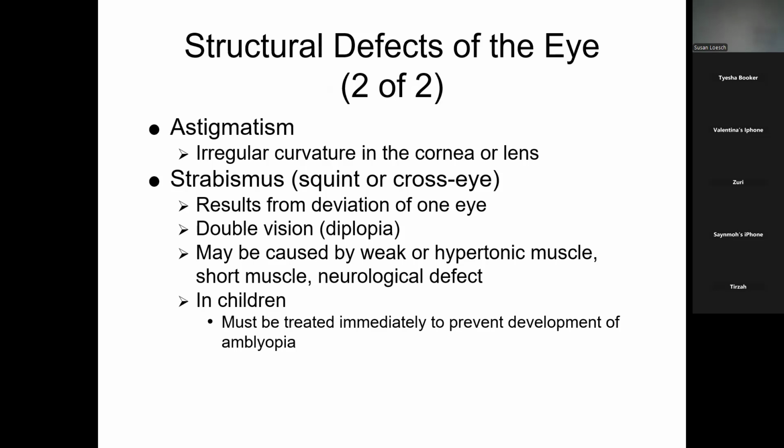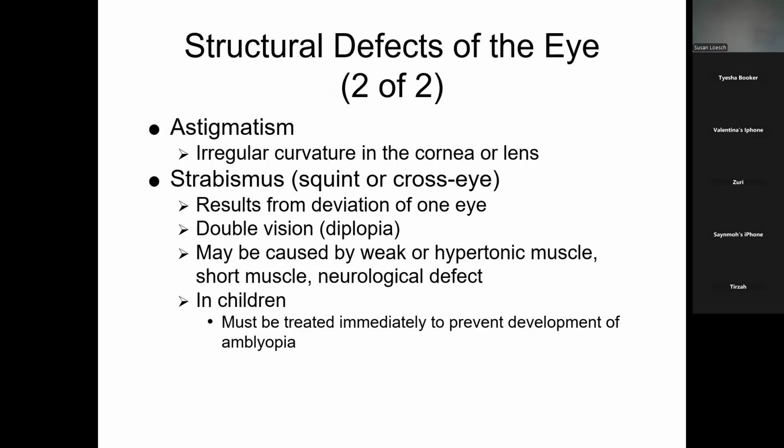Strabismus in kids has to be treated immediately to prevent the development of amblyopia. Now, what is amblyopia? That's a lazy eye.